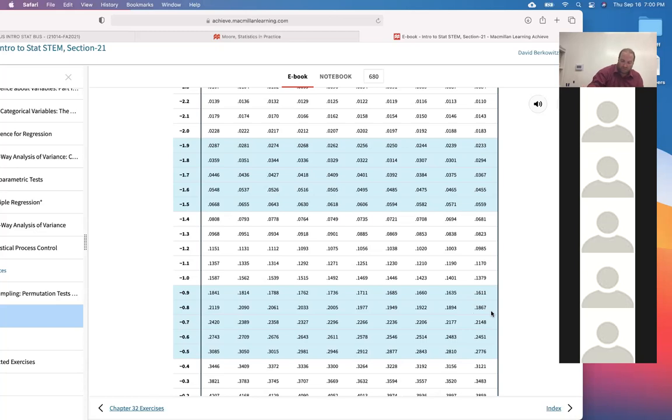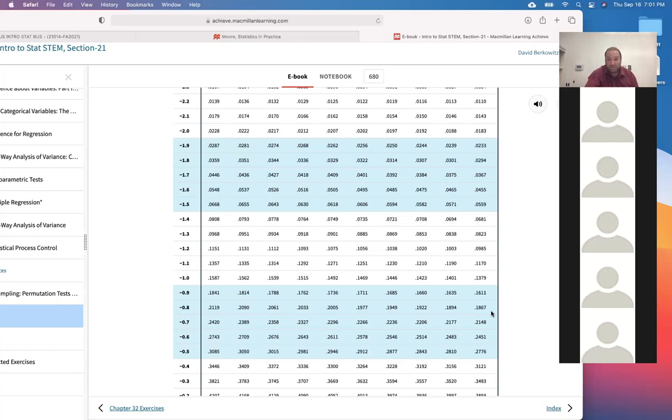And therefore, what is the probability of being to the right of my z-score? If being to the left is 0.1867, what is the probability of being to the right? 0.8133, which is 81.33%.